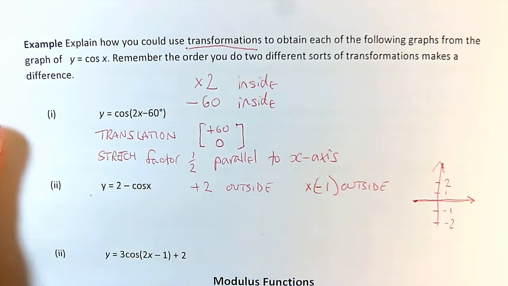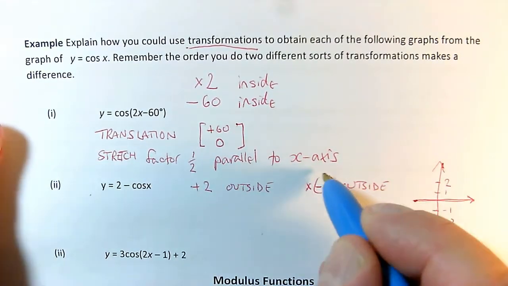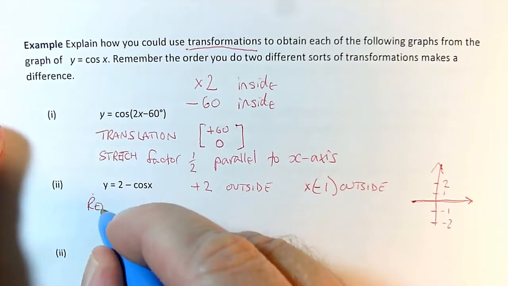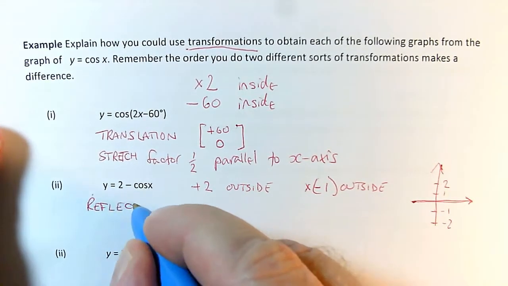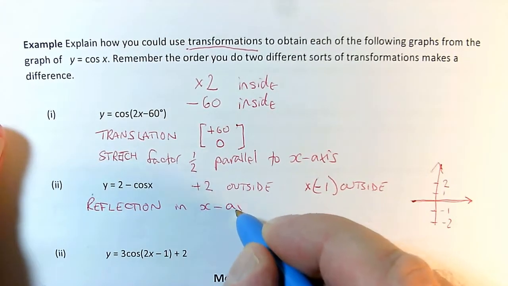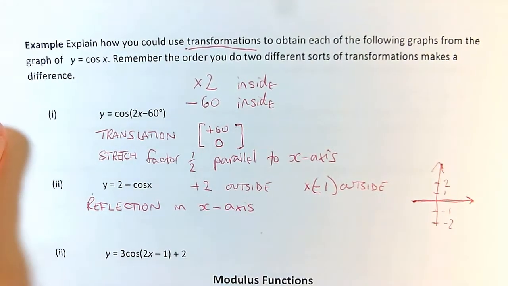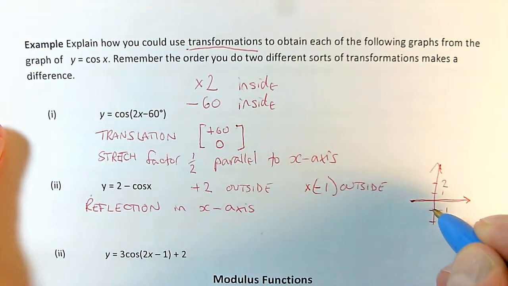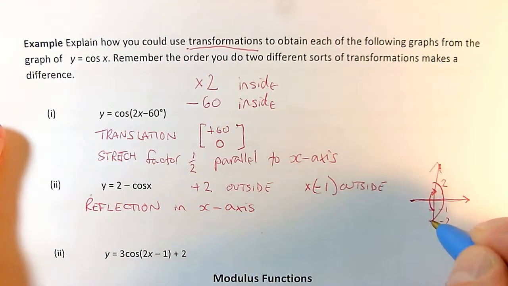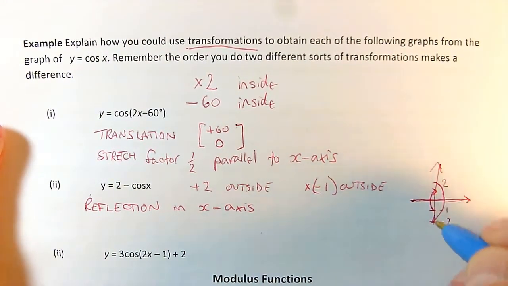And remember, I do my stretch, my multiplication, first, so this is going to be a reflection in the x-axis. Now when I describe it that way, it doesn't feel like it's a vertical change, but it is, because -1 is going up to 1 and 2 is going down to -2. I'm flipping the other side of the x-axis.